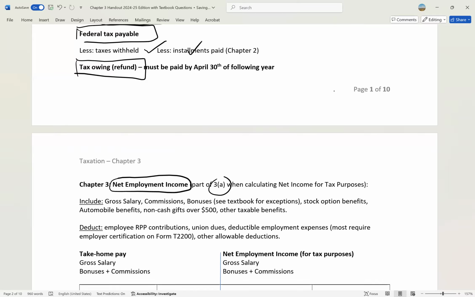But we're going to talk about things that get added to your employment income and also things that get deducted from your employment income. Now, of course, you include your gross salary. You would include things such as commissions, any bonuses that you get. We're going to talk about stock option benefits and automobile benefits in detail, but you also have to include non-cash gifts over $500, and we'll talk about that in more detail as well today.